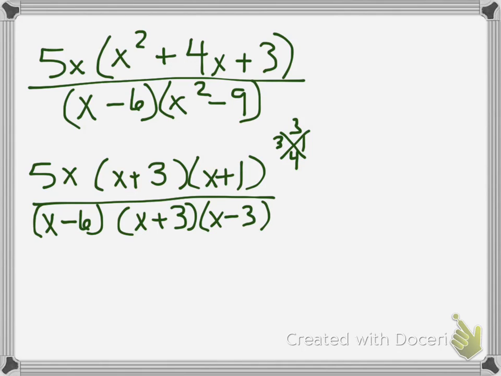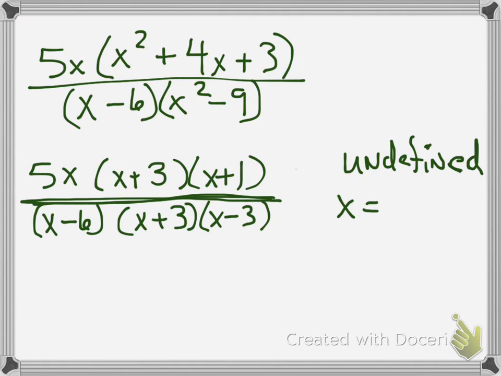Now, before we actually start canceling anything out, you also need to define the undefined. You need to find out where the undefined points are. You focus on the denominator, which is the bottom, and basically look at each parentheses individually. Any of them that would give you zeros, that would be where you would be undefined.